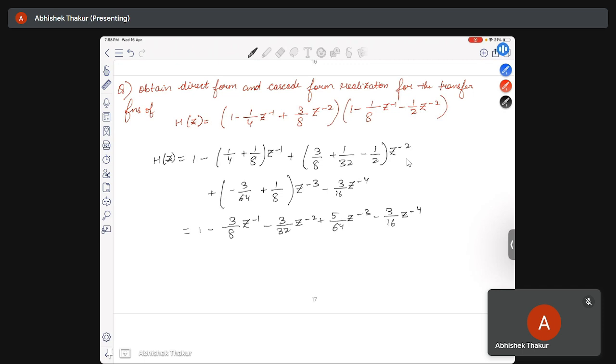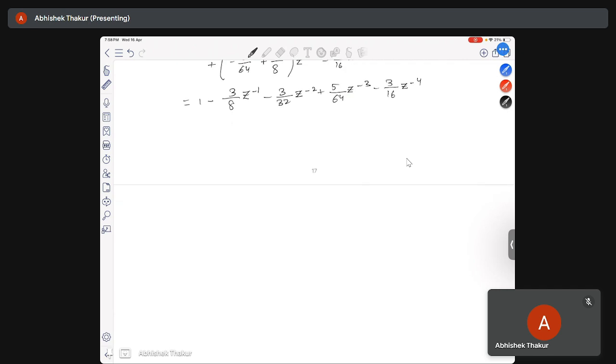So now we can represent this as a FIR, finite impulse response, direct form. So this is given as the input x(n), the delay unit z^-1.